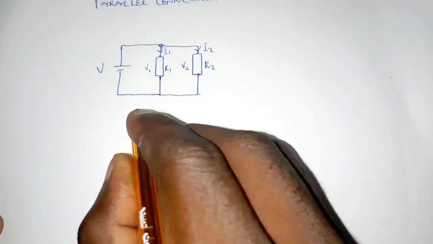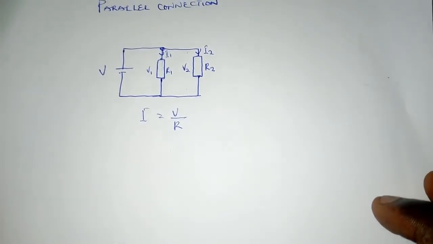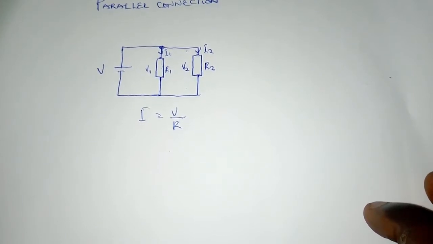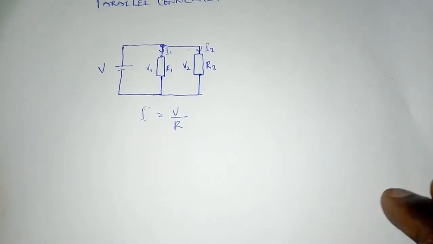From Ohm's law, we know I is equal to V divided by R. And as earlier said, with parallel connection, the voltages are the same, but there will be different currents flowing through the individual resistances.